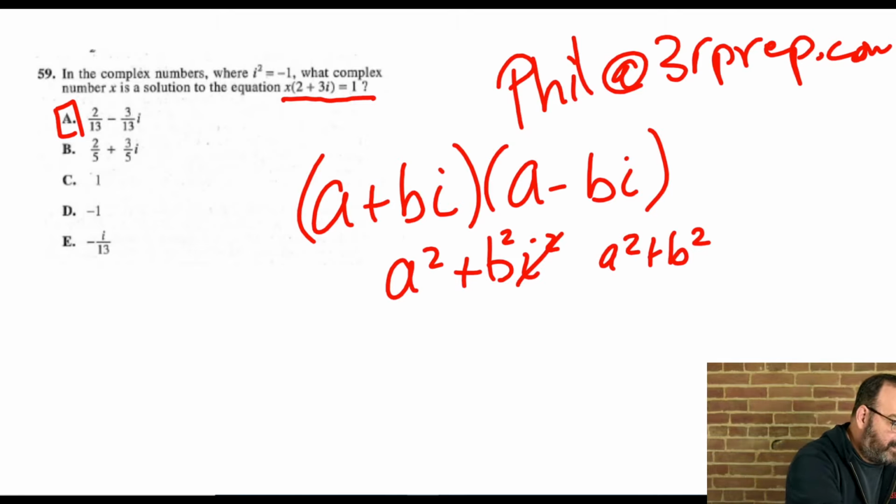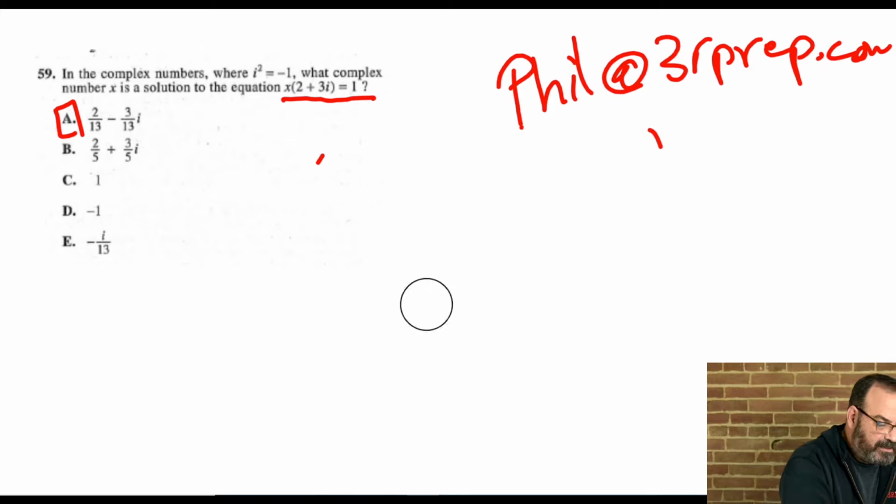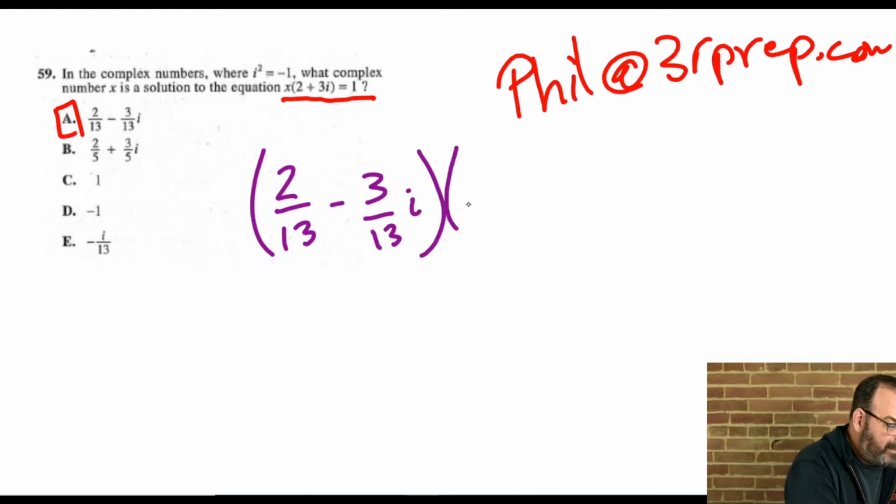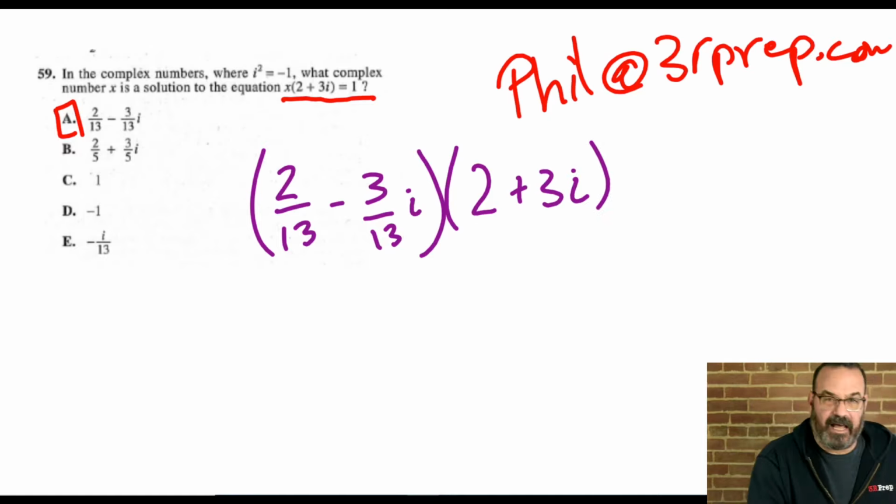And let's show how this works out. Let me erase this big thing, and I'm going to plug in the answers. I'm going to put in 2 over 13 minus 3 over 13i times the quantity 2 plus 3i. And I'm going to FOIL correctly because yesterday I FOILed incorrectly.